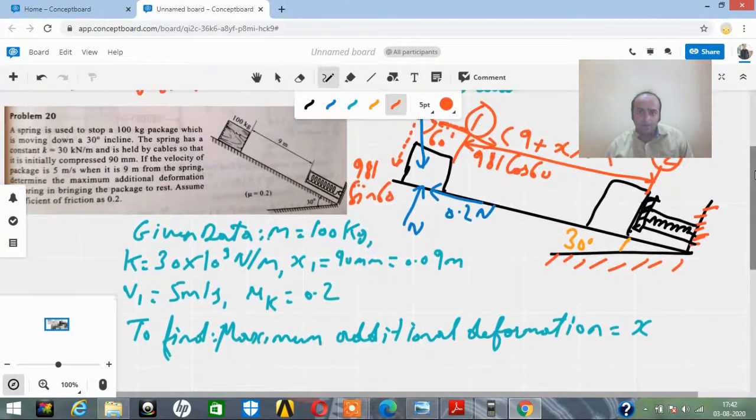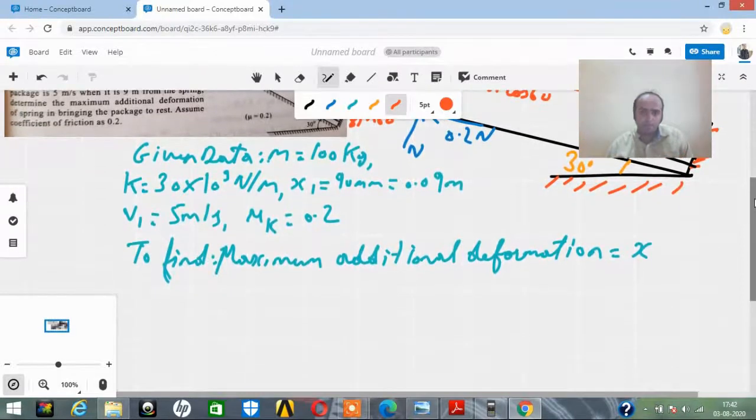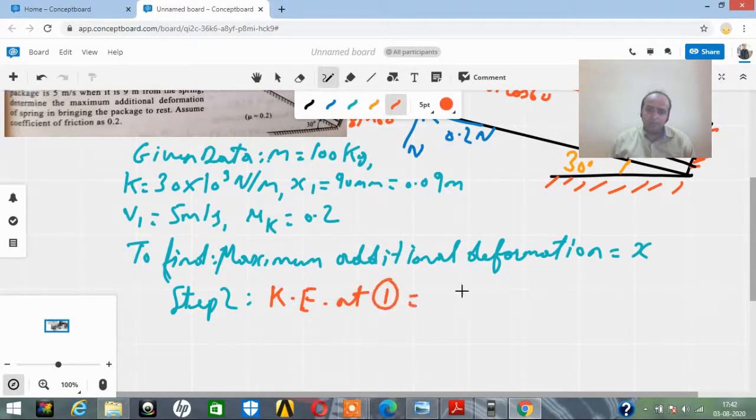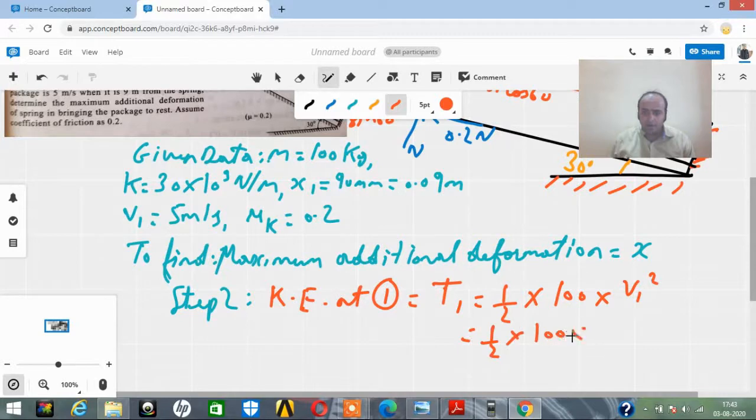Now we will be going ahead with step number 2, which will be kinetic energy. Kinetic energy at position 1, that is T1, is equal to half into m into V1 square, is equal to half into 100 into 5 square.